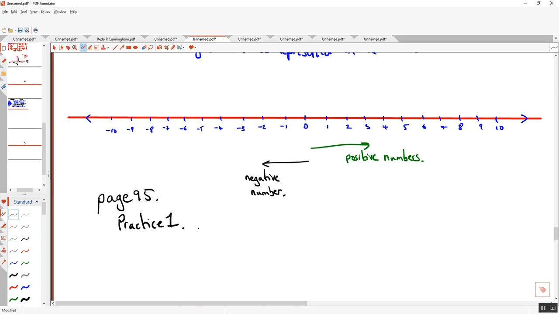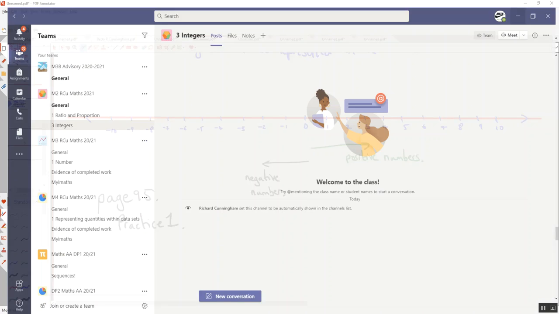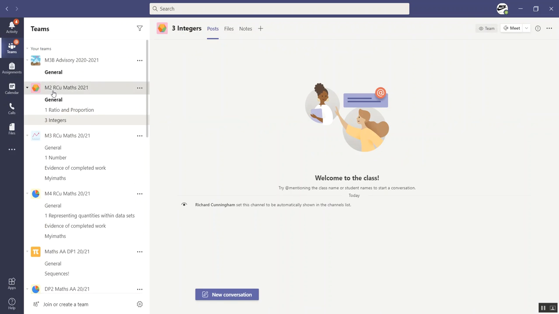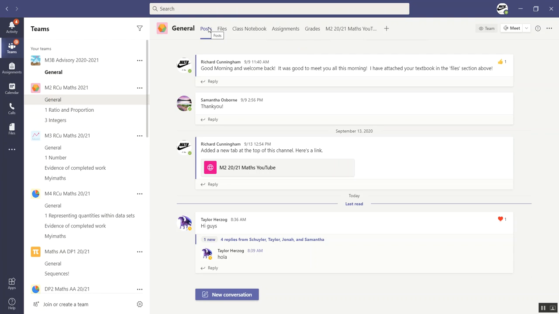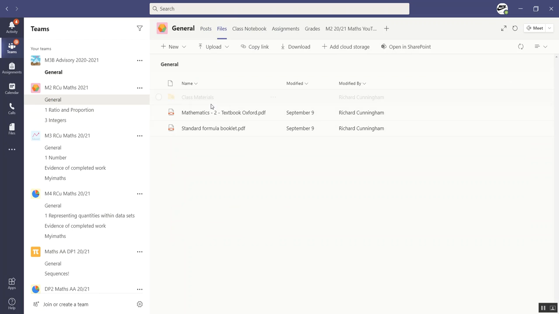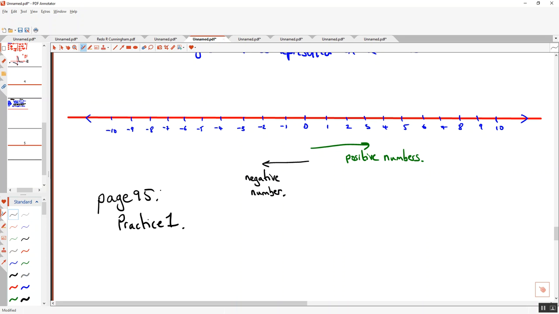And for those people who are working at home, if you go to Teams, if you go to Maths, M2 RCU Math 2021, General, and Files, this is where you can find the textbook if you don't have a textbook at home. Okay, so we are looking at page 95, practice 1. For those working at home, if you've got any issues, you can send me an email, you can post it on Teams, and hopefully you get on okay.